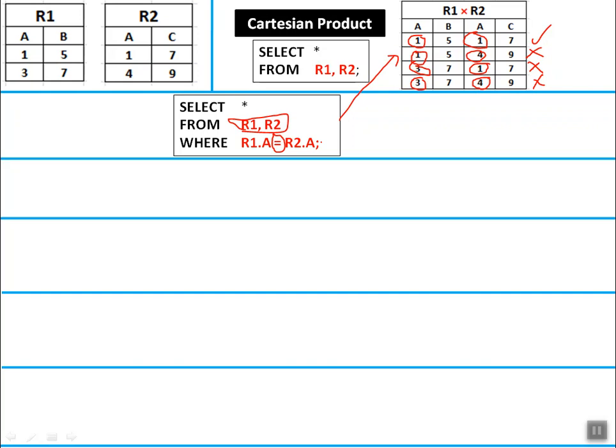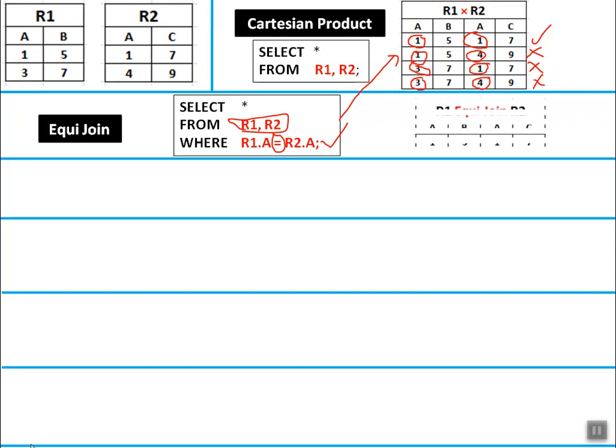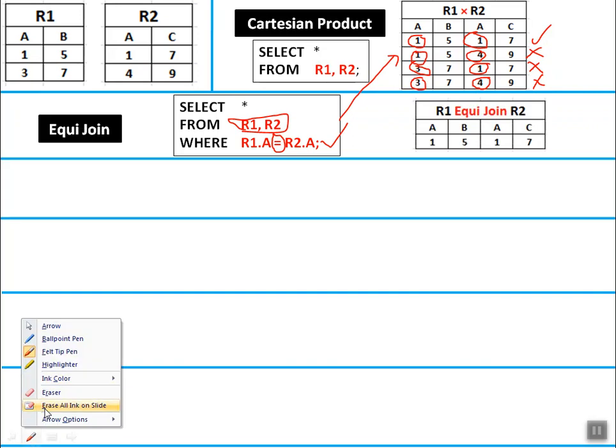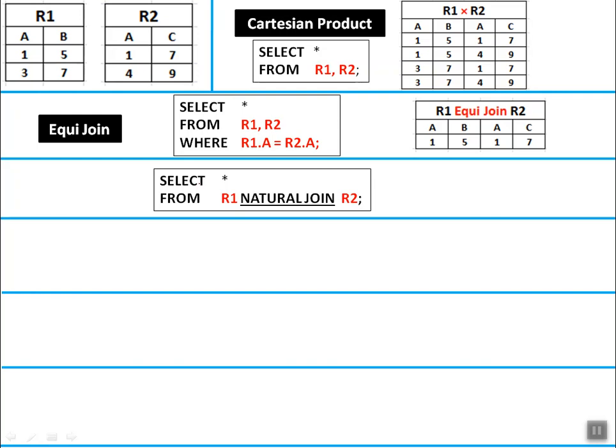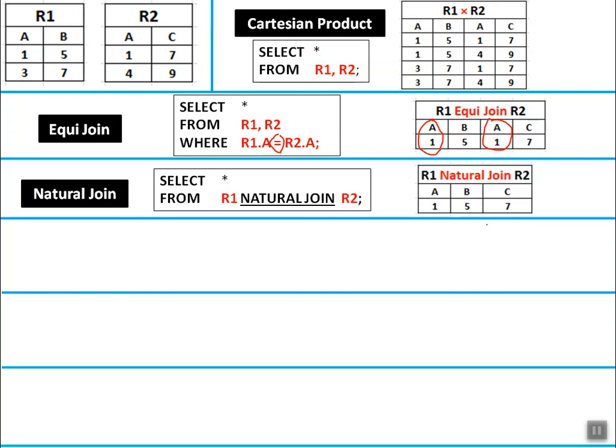So I processed 4 rows. Only one row matched this condition. So only that row will be selected. That is called equi-join. What happens if I write natural join? Natural join is also a type of equi-join wherein common columns will come only once.